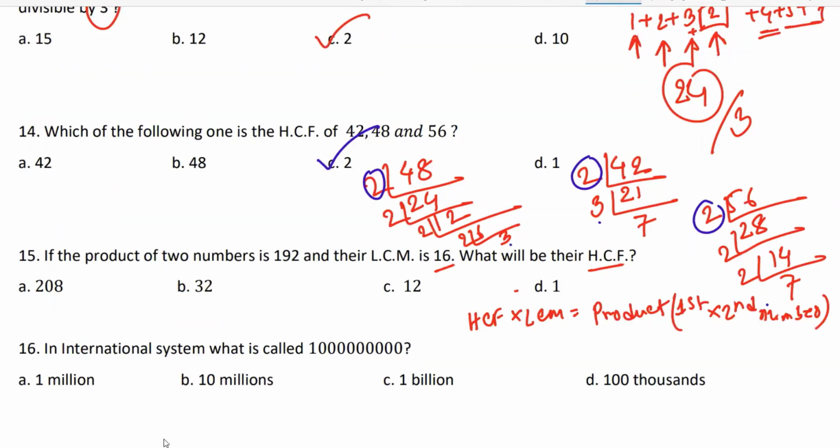HCF is not given, LCM is 16, and the product is 192. We need the HCF. So 16 is multiplied with HCF; if we move 16 to the right side, it will be divided. So 192 divided by 16. This answer is 12.